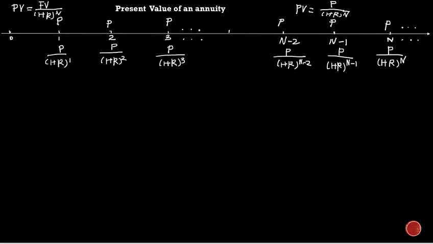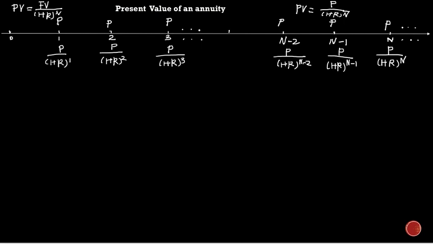Because we stand at this point of time and look at the future, every payment is a kind of future value. So the future value for every periodic payment is just P.